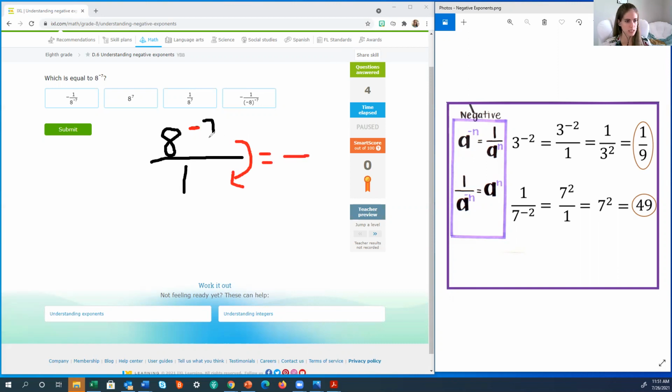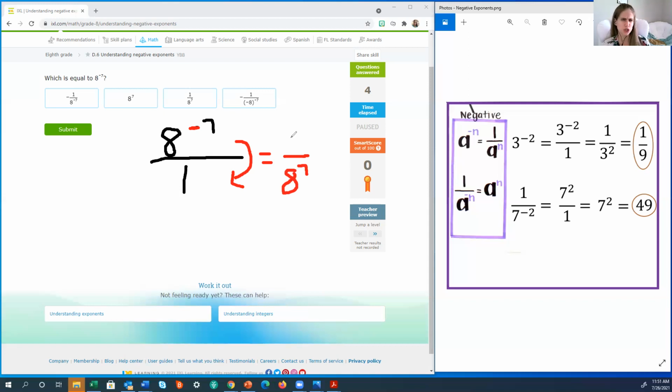Now, when I bring it down to the denominator, I already have a 1 down there. But if you multiply something by 1, does it change its value? No, because 1 times 8 to the negative 7th would still be 8 to the negative 7th. All right, it was a negative in the numerator. I switch sides. It's now a positive.